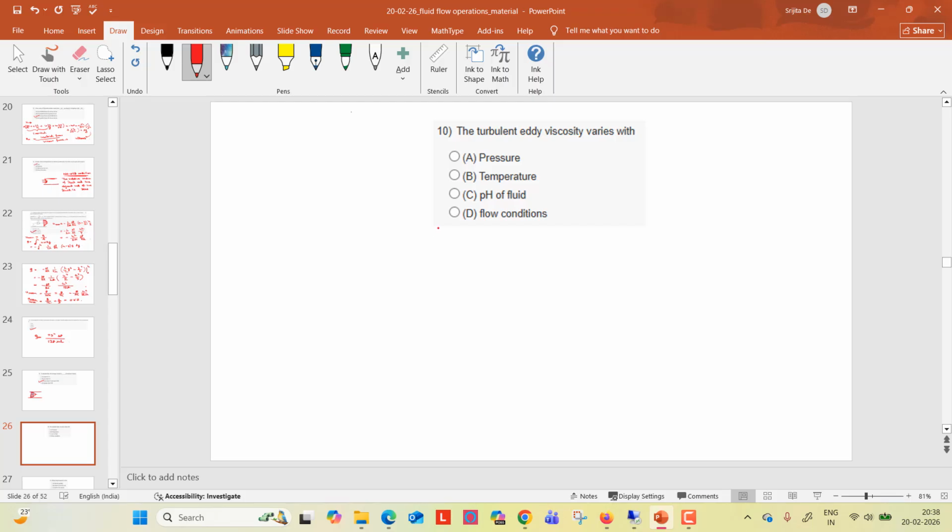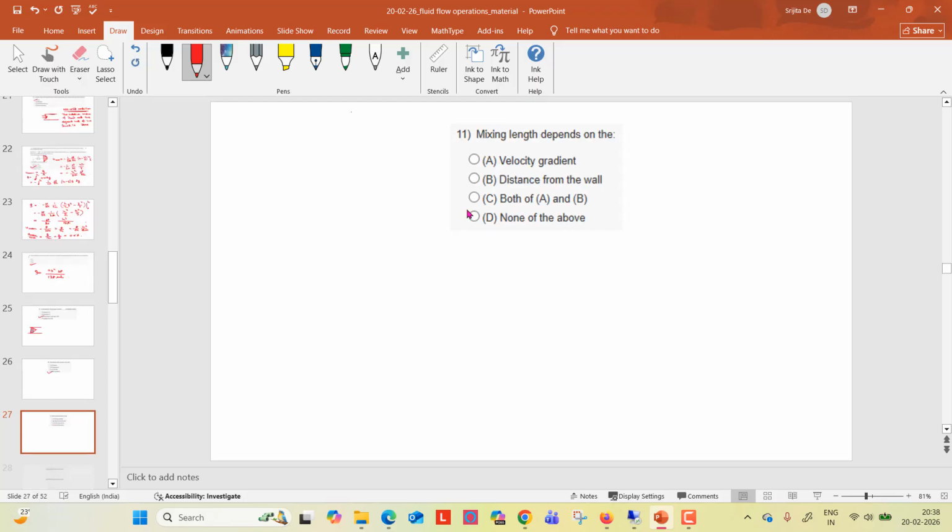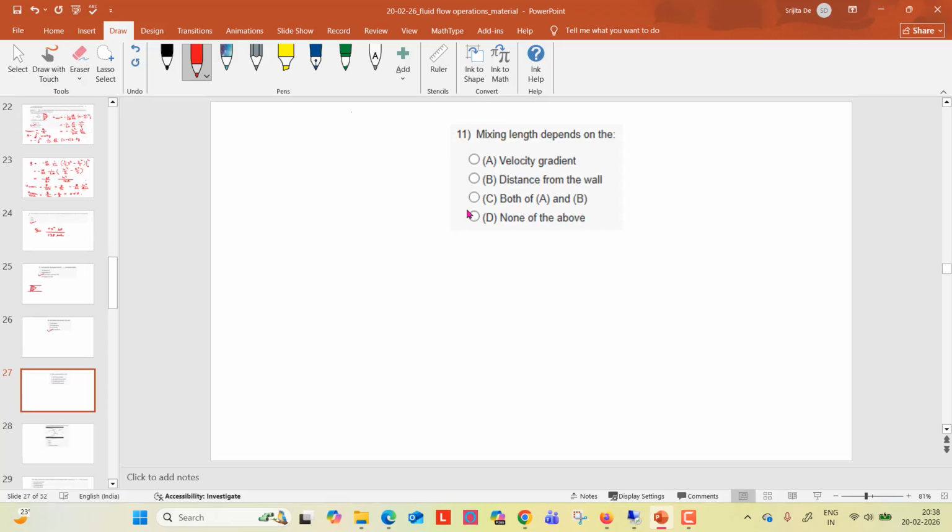Next, mixing length depends on the velocity gradient, distance from the wall, both of A and B, and none of the above. So mixing length depends on both A and B, that is the velocity gradient and the distance from the wall.